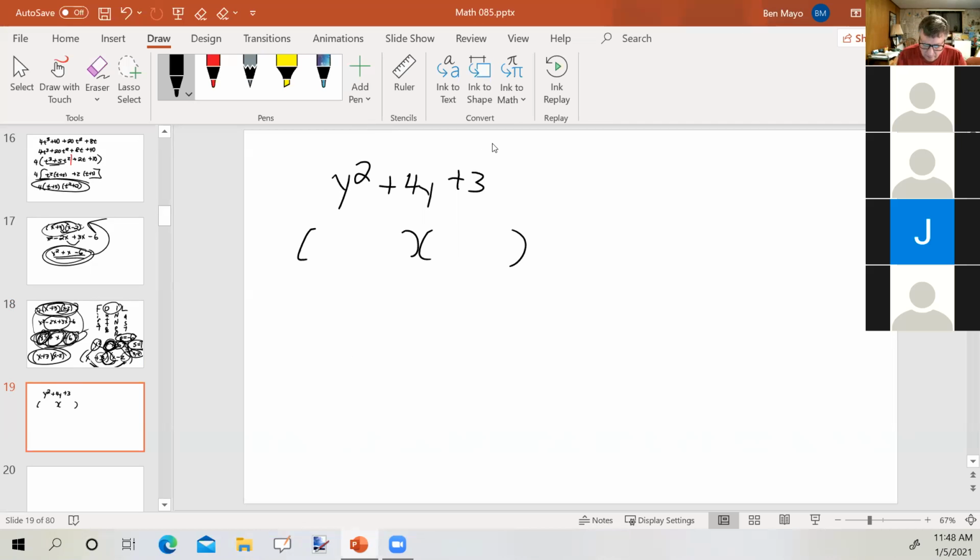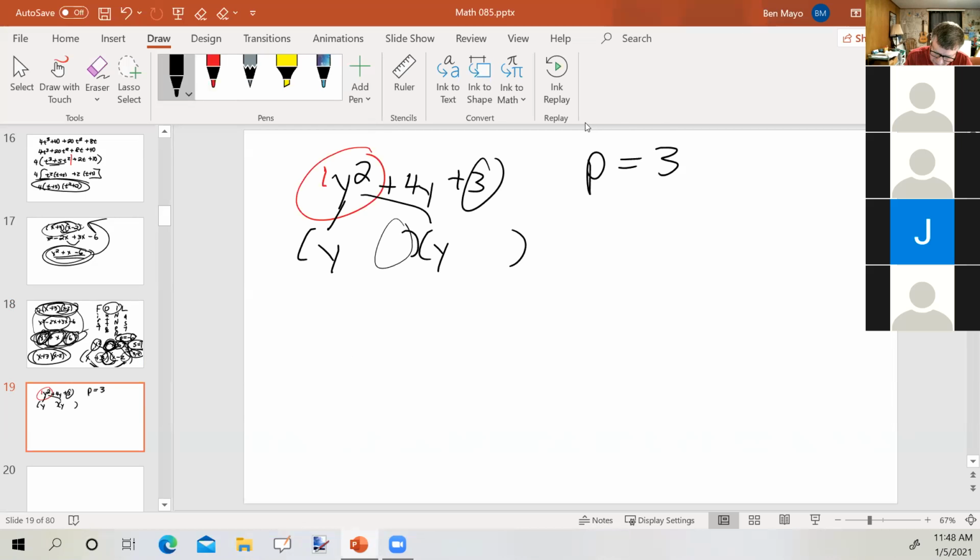Since the leading term is 1y squared, we're going to put a y here and a y there. Now, the 3 is what has to be formed by the product. So the product of these two numbers that go right here and right here has to be 3, and the sum has to be 4.